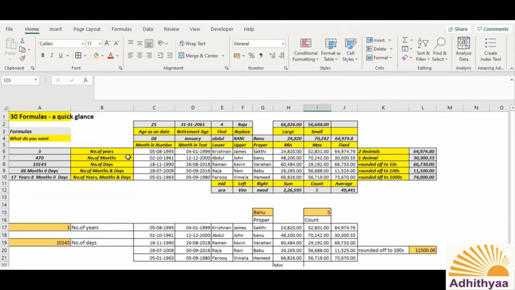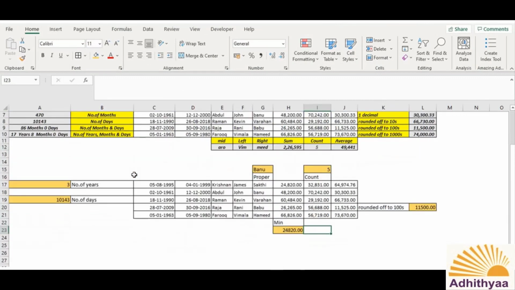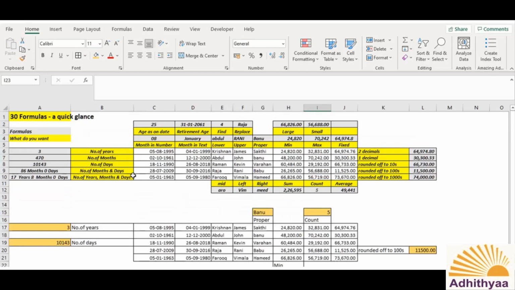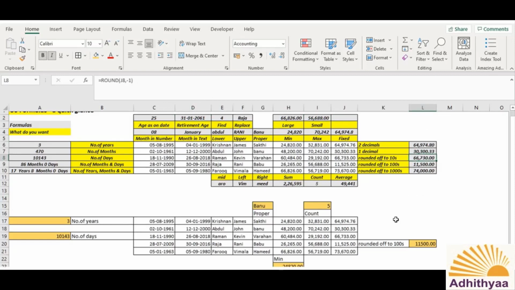The rest I am leaving to you as practice, or typically homework, to practice based on the above formulas. I'm also going to share this Excel sheet with you so that whenever you are in doubt, you can refer to these areas to understand how the formulas have been constructed.